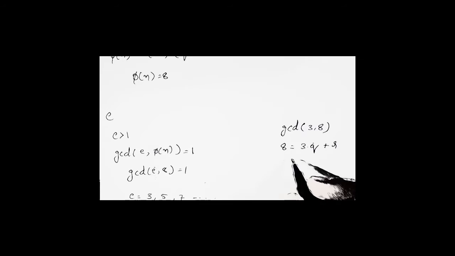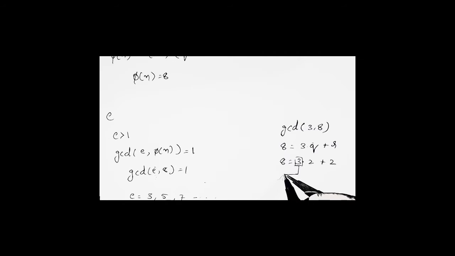So 3 into 2, so we can put Q is equal to 2, which will give us 8 is equal to 3 into 2 plus 2. Now what we'll do is we'll take this number, put it in place of 8, and we'll take the remainder and put it in the place of 3. Okay, so then what we are getting is 3 is equal to 2 into 1 plus 1.